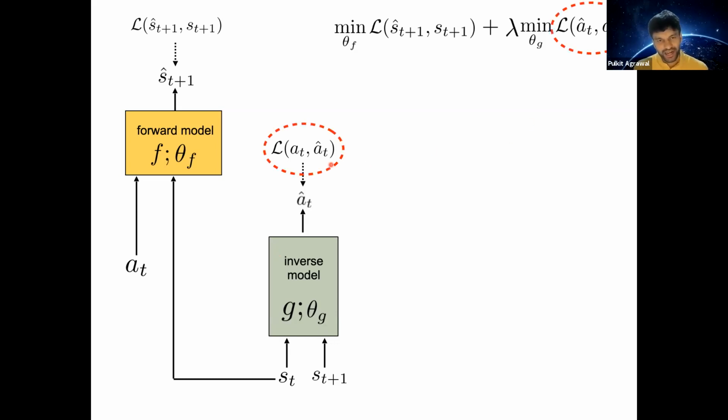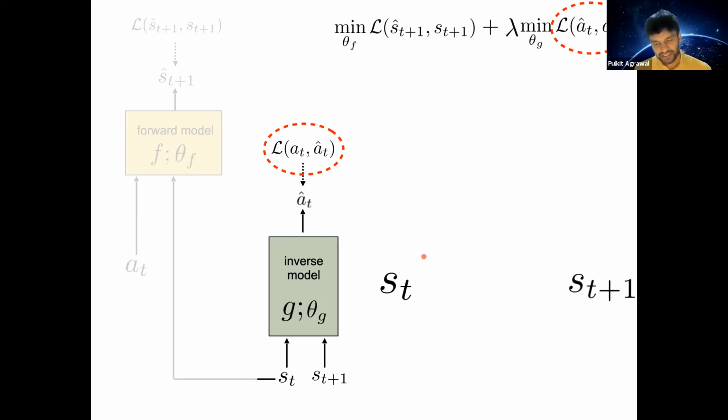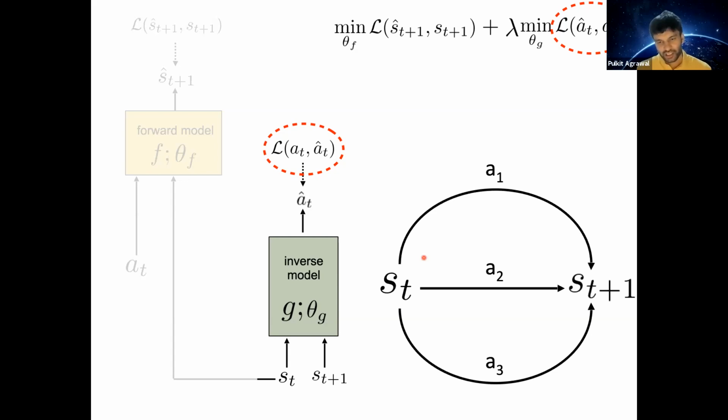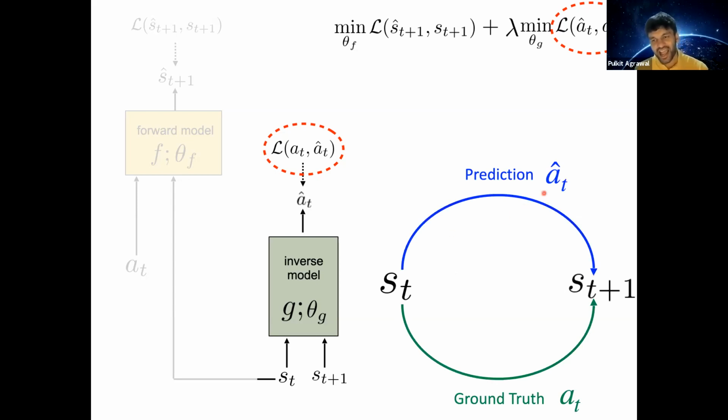But now let's look at this particular loss function. Suppose I have my state st and st plus 1. Now there can be multiple ways to go from one state to the other state. So now suppose my prediction is a hat t, but my ground truth is at.